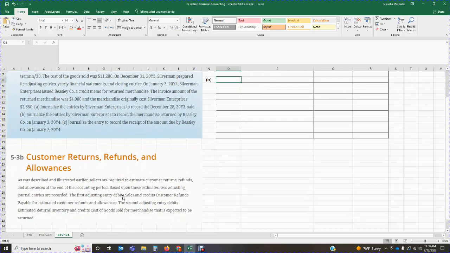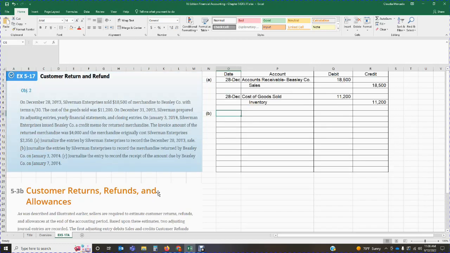The first entry debits sales and credits customer refunds payable, so we put money into customer refunds payable. Now that we actually have a refund, we are going to take money out of that account. When we put money in, we credit the account. When we take money out, we debit the account. Because we are taking money out to refund Beasley, we're going to debit the account. This is happening as of January the 3rd.